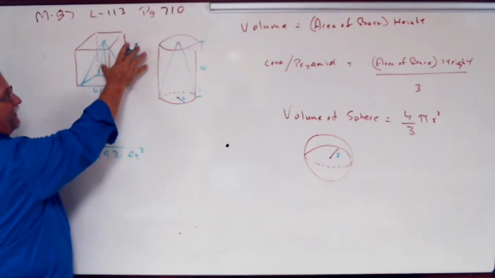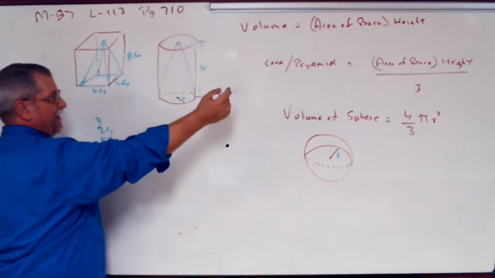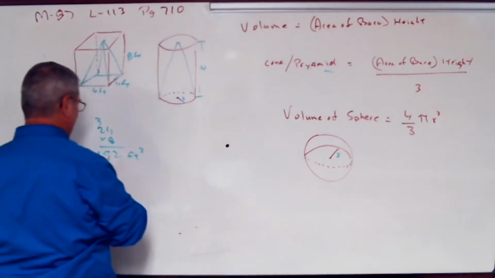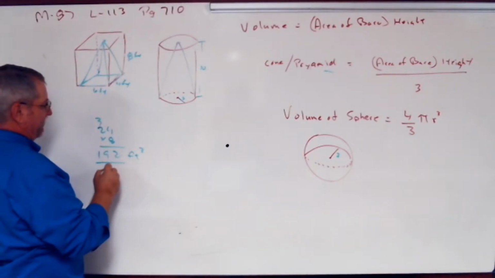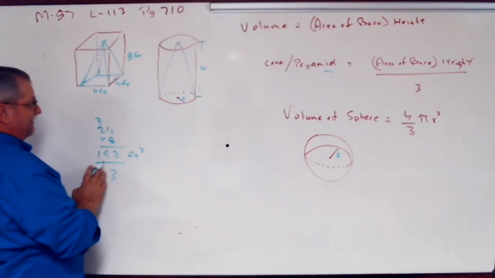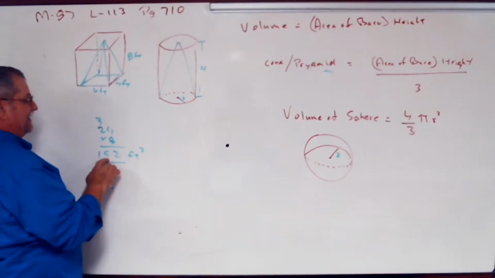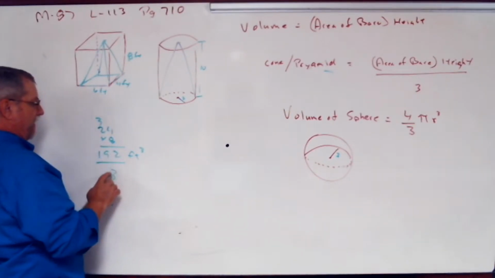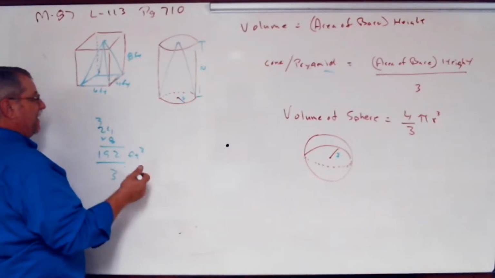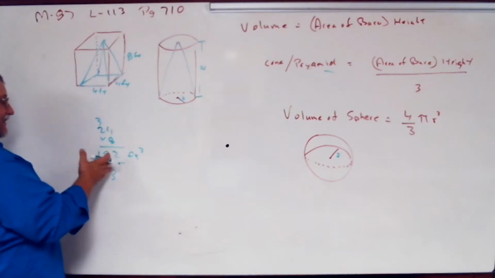That's the whole thing. But for the pyramid, I take this 192 and I divide it by 3. Now, I don't know if it'll divide or not. 1 and 9 is 10 plus 2 is 12, so it will divide. You understand? Test for divisibility. So I have to divide it, I can't leave it like that.